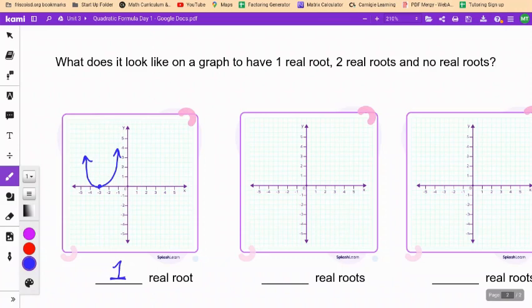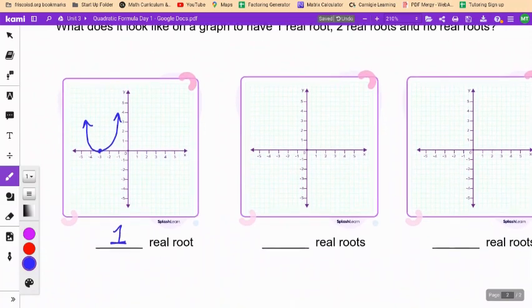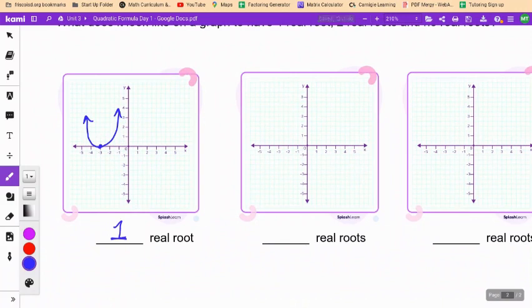So you'll have a quadratic that just intersects, again, the x-axis at one point. So one real root means one x-intercept. Okay, if we have two real solutions, then we'll have two x-intercepts.